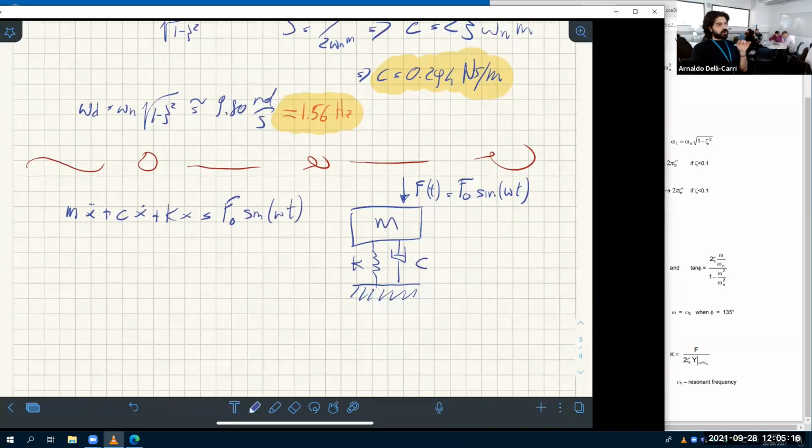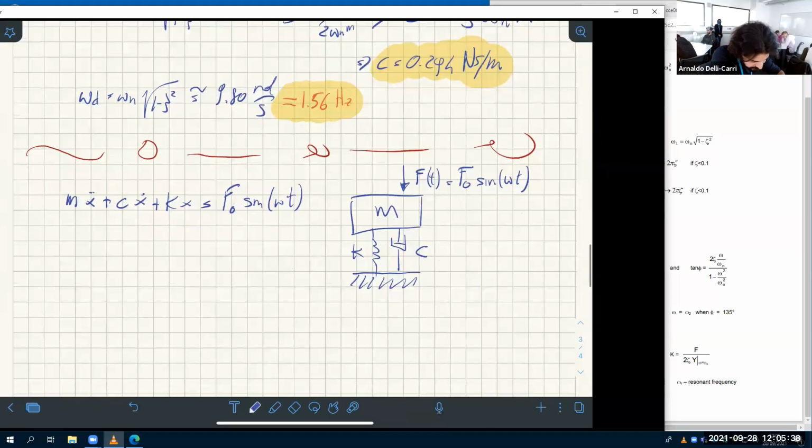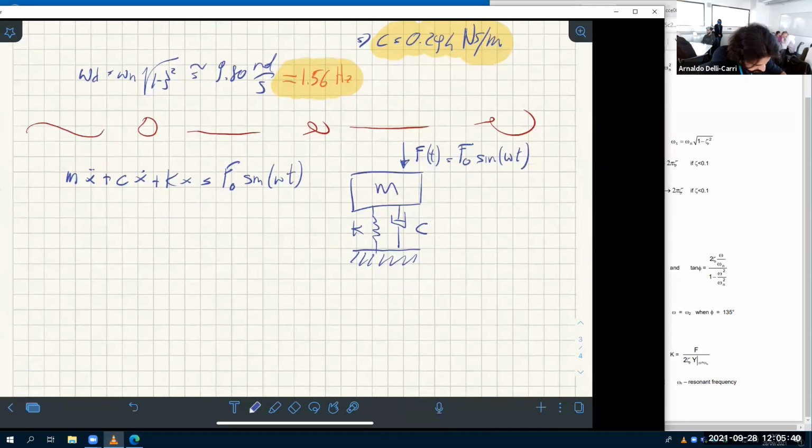The solution of this equation is the sum of two different solutions: the general solution plus the particular solution. The general one is the solution of the associated homogeneous equation. The homogeneous equation is this one.